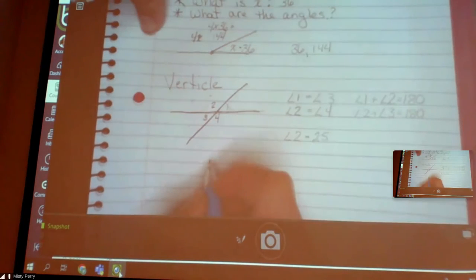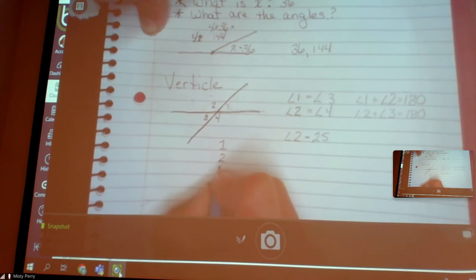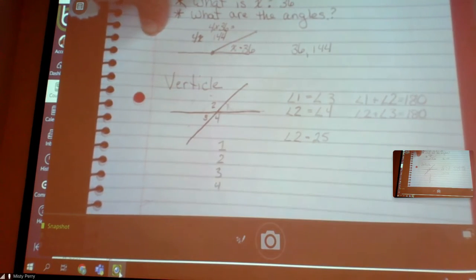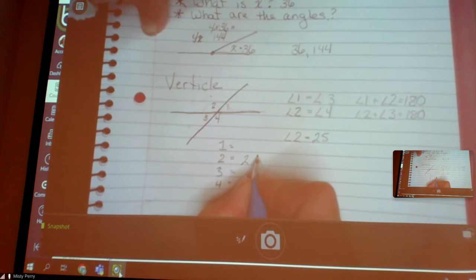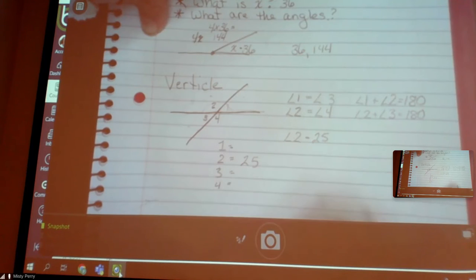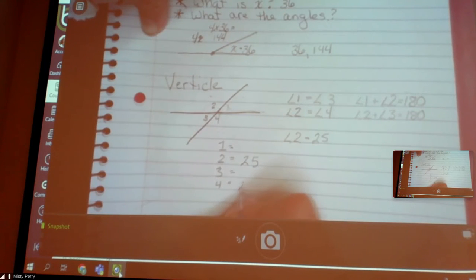And that gives me a box for all the angles. Okay, so 2 is 25. If 2 is 25, straight across that, 4 is going to be 25.